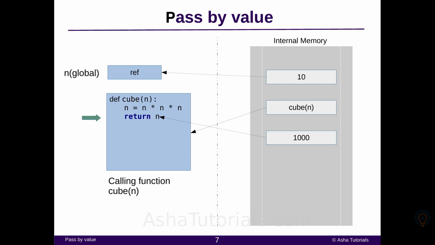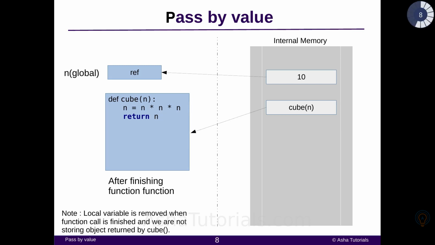Okay, and we are not storing it. So after calling it, all the local variable values will be destroyed. Okay, and after that, if we try to print it, as we can see, it will still point to the original object, which has value 10.